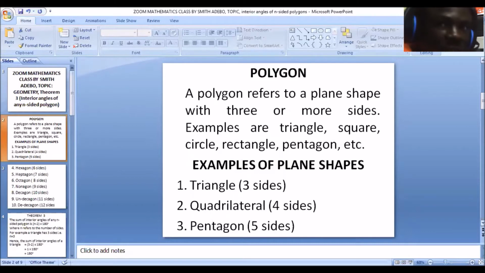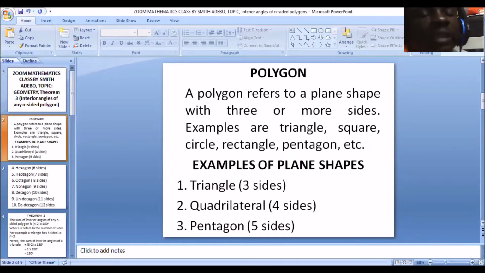The only thing you can find for a plane shape is the area. But solid shapes, like most containers, can hold content, like the cube, the cylinder, the cone, and the rest. But in this particular class, we are dealing with plane shapes.